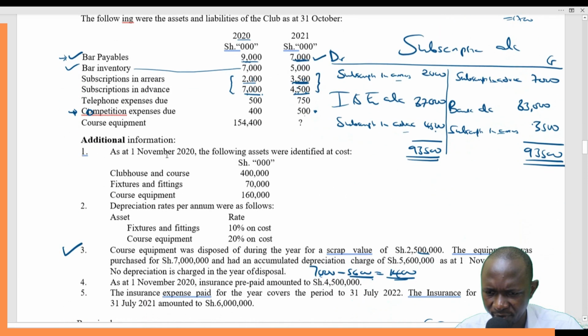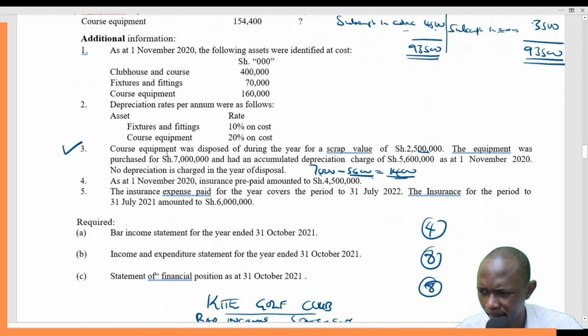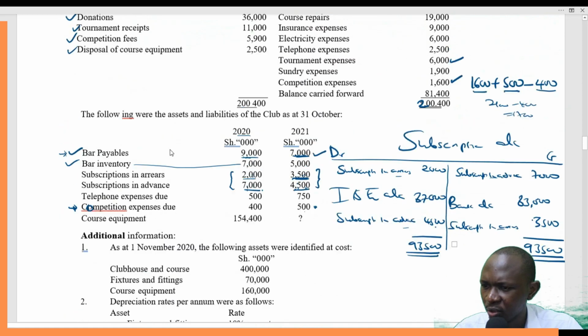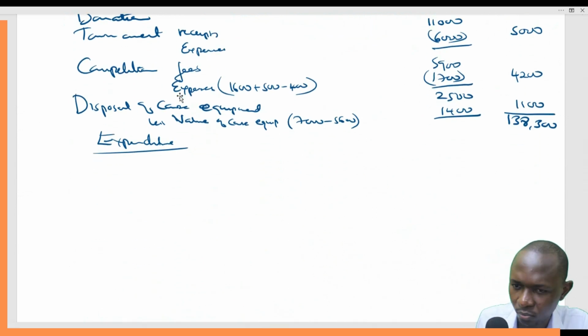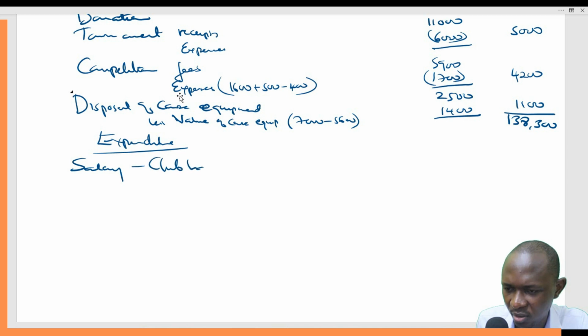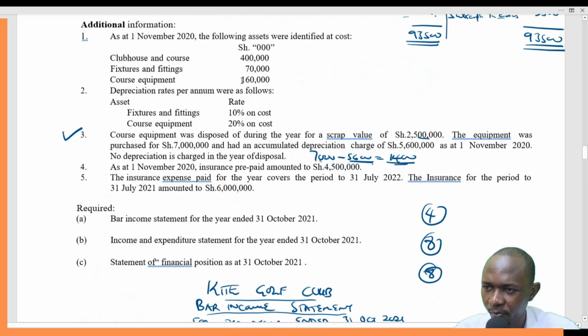Any working salaries for clubhouse? Nothing. So salary clubhouse, 36,000. You can see where I'm placing that in the inner column.